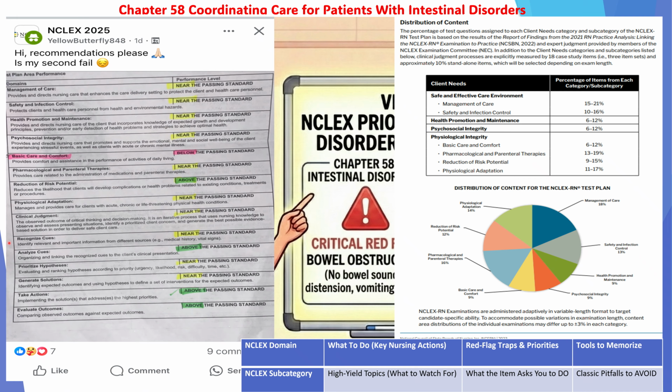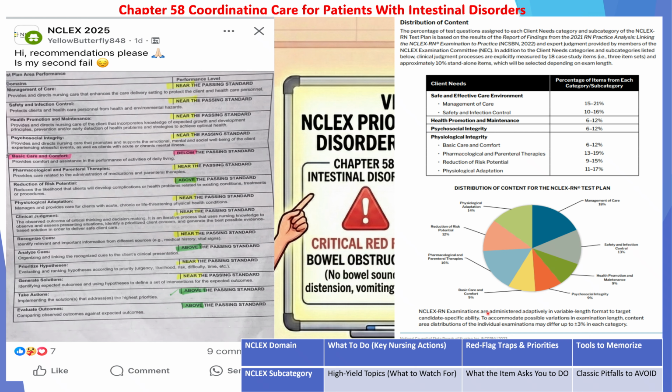Right here, I have questions that cover all these, and we can practice how they look in each disease, which helps us understand where we are during the exam. For instance, basic care and comfort is 9%.